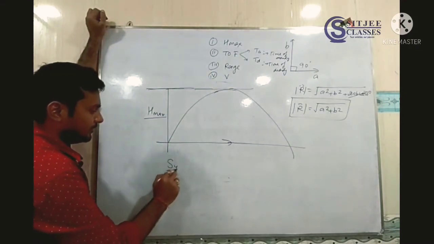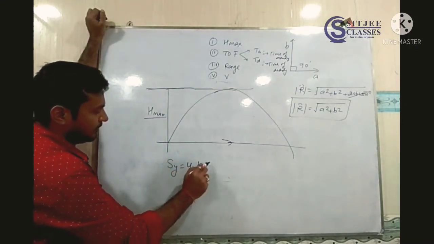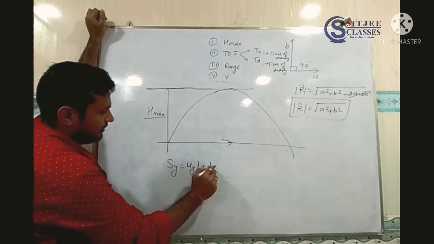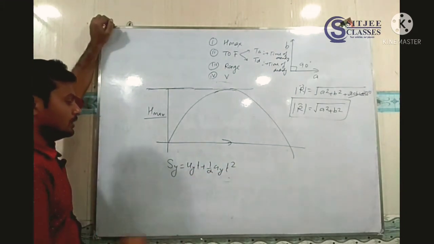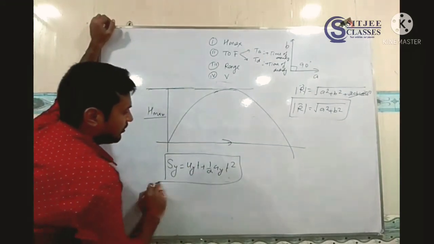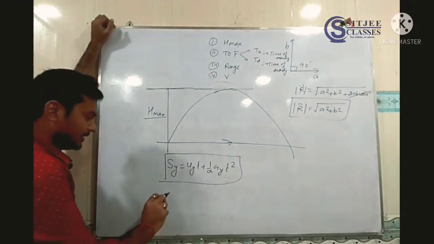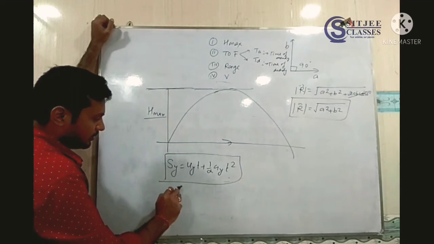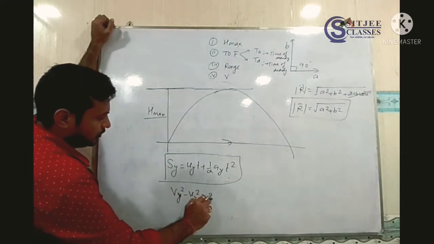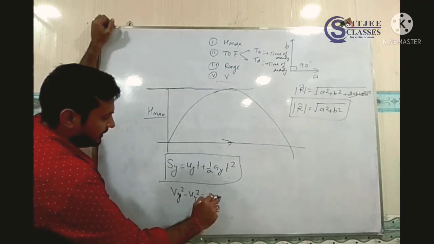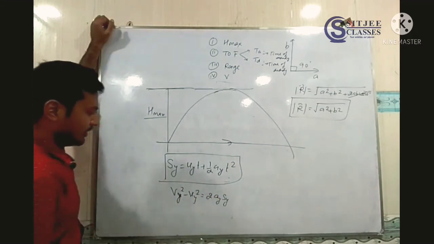So Sy equal to uy t plus half ay t square. You can use this also, but the problem is in this we need time. Better than that is to use this one: Vy square minus uy square equal to 2ay into sy. This will be quite easy.